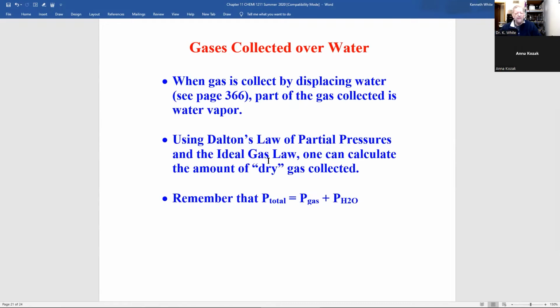In order to get the pressure of that gas, the total pressure in that tube is equal to the pressure of the gas plus the pressure of water vapor. Anytime you have water, there's going to be some water vapor, which means water as a gas over that water. And then you can use this to solve for P gas, just like we just did in the problem before.